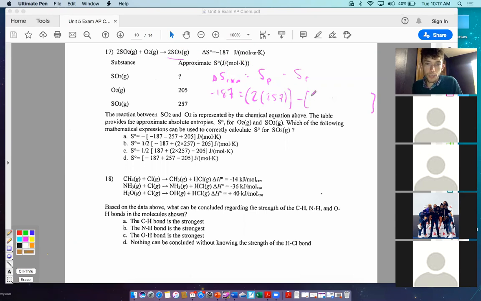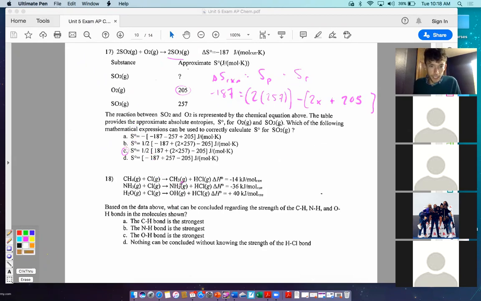That's going to be 2 times X, where X is what I'm trying to find, plus the entropy of my oxygen, 205. All I have to do is rearrange this equation and solve for X. When I do the algebra and solve for X, I get an answer of C. C is going to be the correct answer.